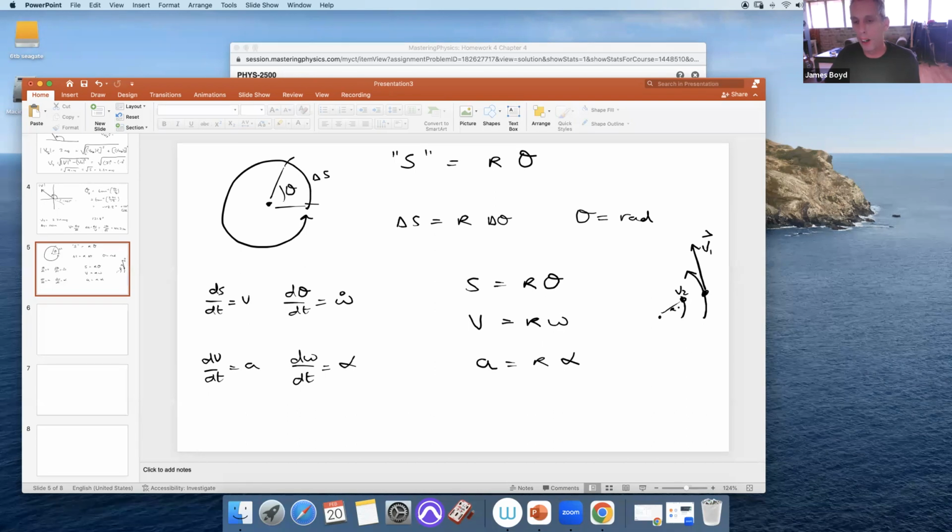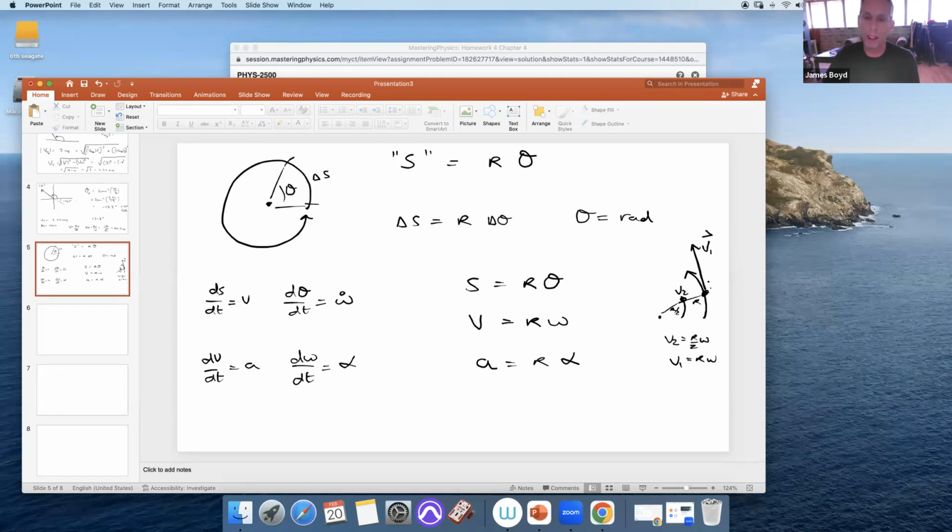This one is at, say, r over 2, and this one is at r. So V2 would be r/2 times omega, and V1 would be r omega. V1 has to be faster because on the outside, you have to cover a longer circumference in the same amount of time.